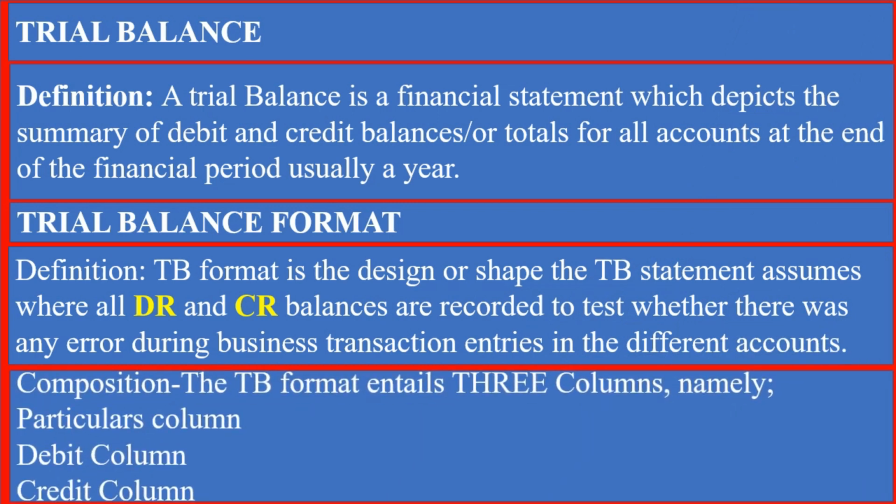Alright? So, a trial balance format is made up of three main components, that is, three columns, namely the particulars column, the debit column, and the credit column.